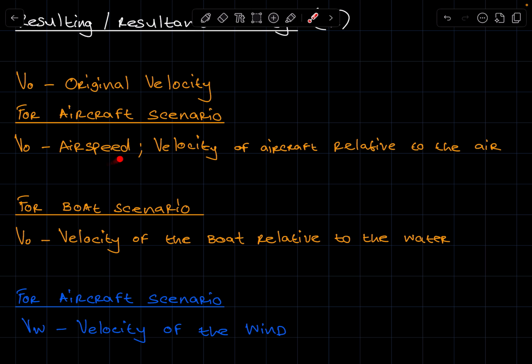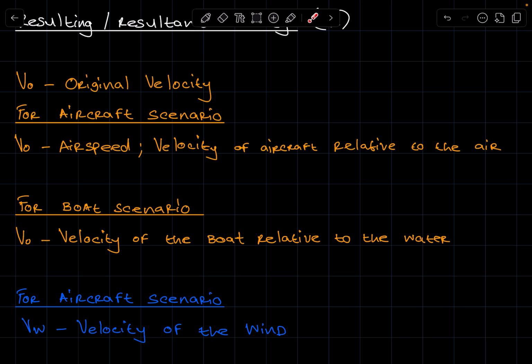If they've given you the airspeed, then you take the airspeed as your VO. But what is most important about VO for an aircraft scenario is that VO is actually the velocity of the aircraft relative to the air.